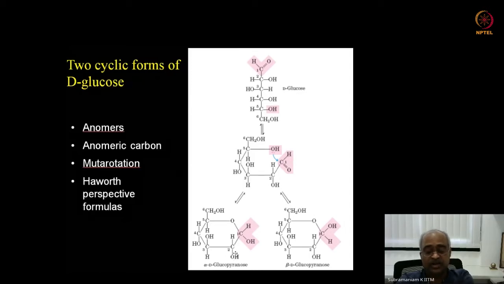These do rotate the plane polarized light, so the dextro and levorotatory property comes from this carbon. And in solution, they exist in a certain equilibrium. You need not worry about that detail. But the conversion of one optically active form to the other with respect to the anomeric carbon is what mutarotation is.